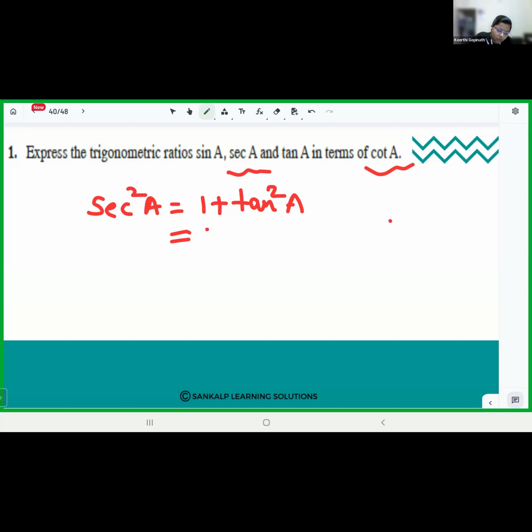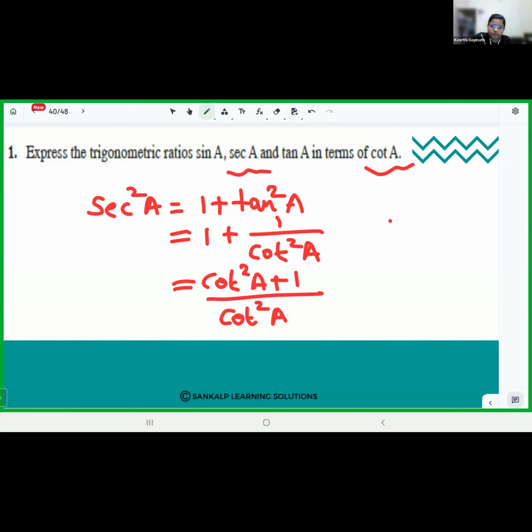So 1 plus tan square A can be written as 1 plus 1 by cot square A. That is nothing but cot square A plus 1 by cot square A. From this, what is sec A? You take the root of this value. Cot square A plus 1 can be written as 1 plus cot square A, both are same, right?